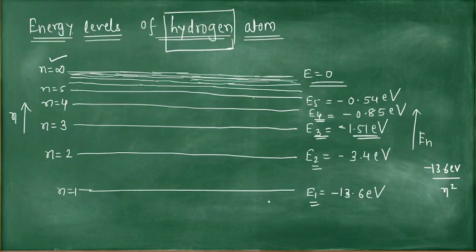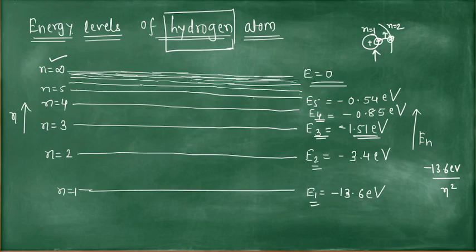Now if the electron absorbs some energy and goes to the second orbit, suppose this is an electron in the first orbit, with a positively charged nucleus. If we provide energy to such an atom and the electron absorbs some energy and goes to the outer orbit, suppose the outer orbit is number 2, this is the inner orbit, n is equal to 1, then the electron is now in the excited state and it comes back into its previous stable state by emitting radiation.